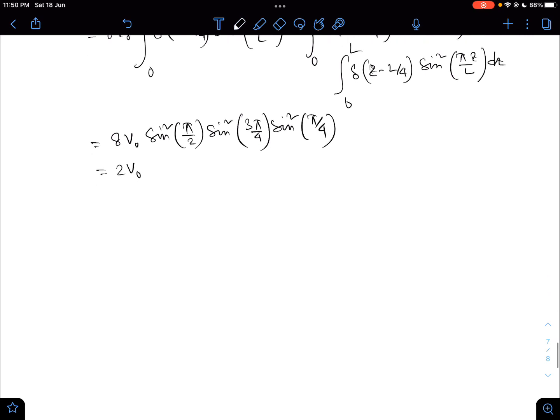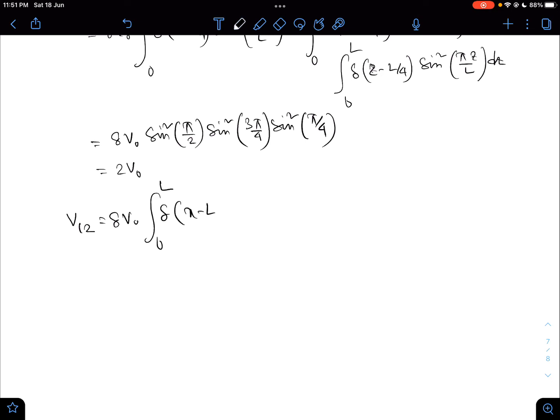Similarly, let us calculate a few more terms. So V12 will be 8V0, integral 0 to L, delta(x minus L/4) sine 2 pi x by L sine pi x by L dx.